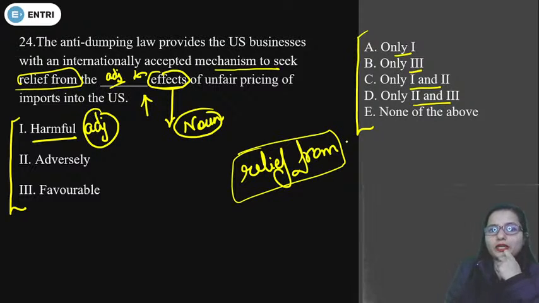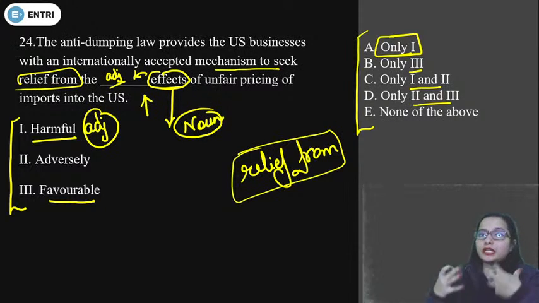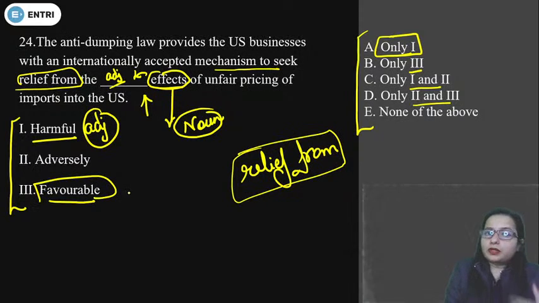So can you choose only one? Yes, it is there in the option, but what about the other two options? It has favorable. As I told you, we need a word which has a negative sense, because we want to relieve from this thing. So we cannot say favorable effects, because they are not favorable, they are harmful. What about adversely?